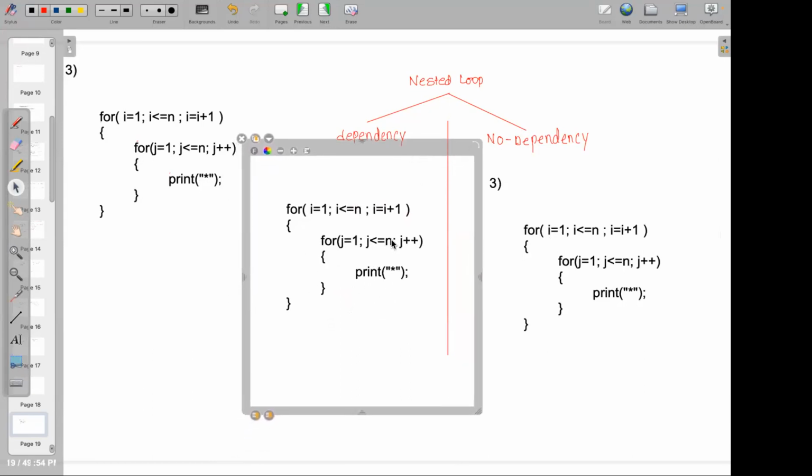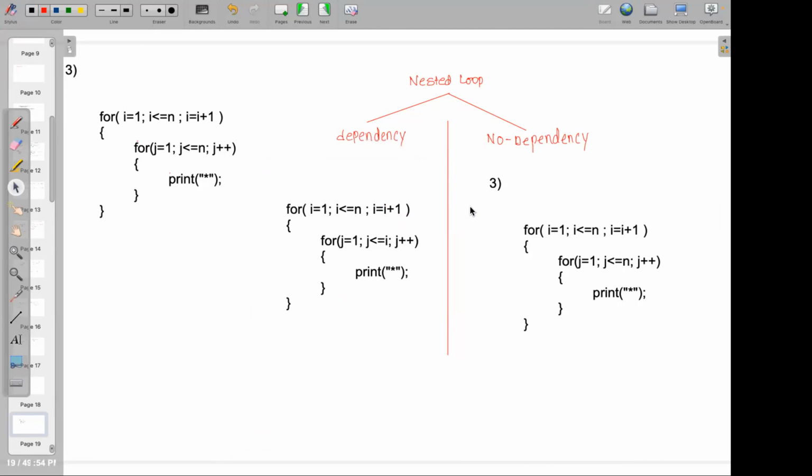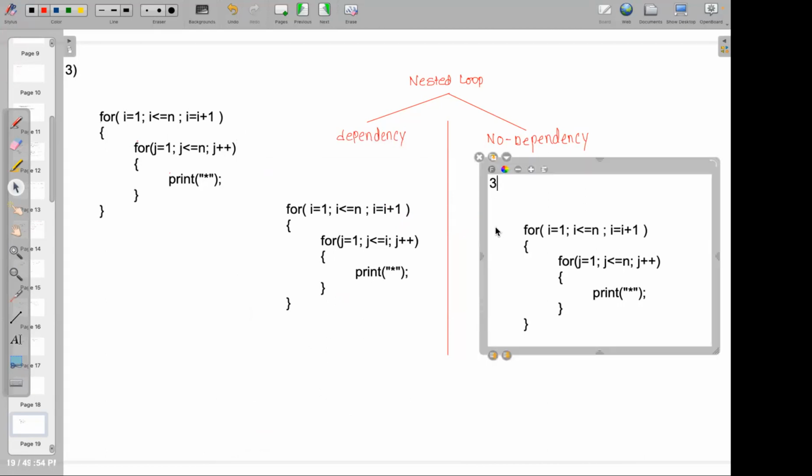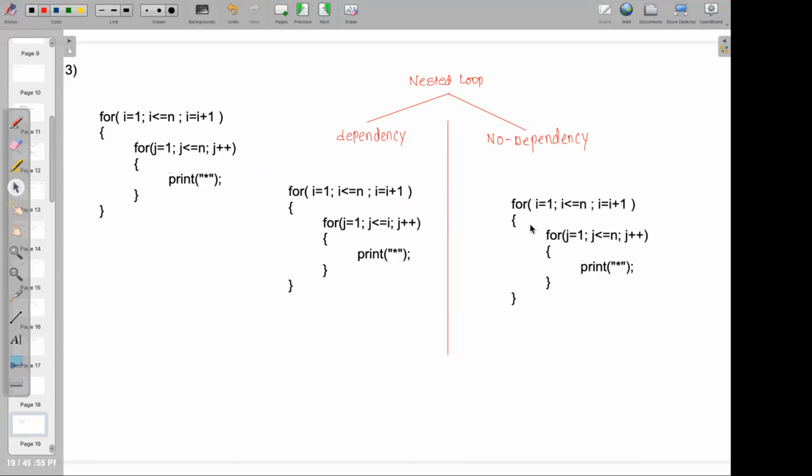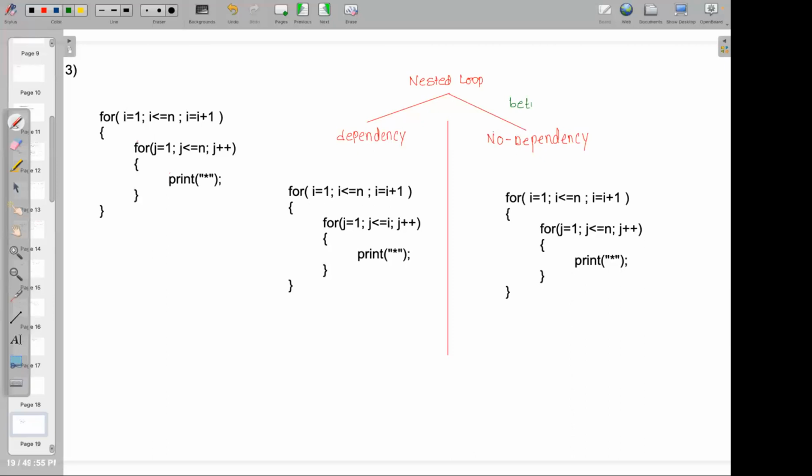You'll find the example easy. Now I'll explain what is dependency and what is no dependency. No dependency will be very easy. Dependency or no dependency between loops.